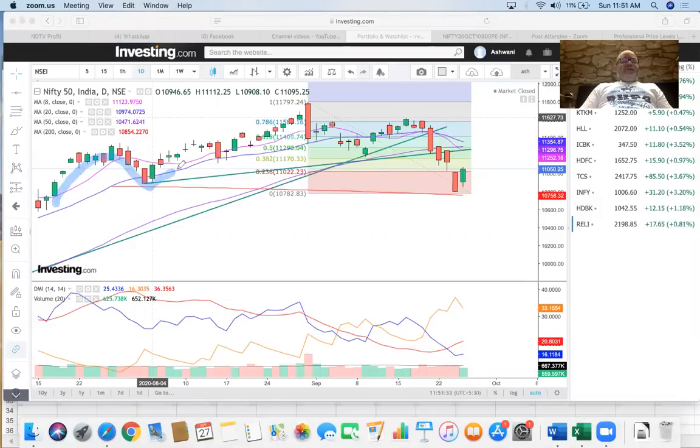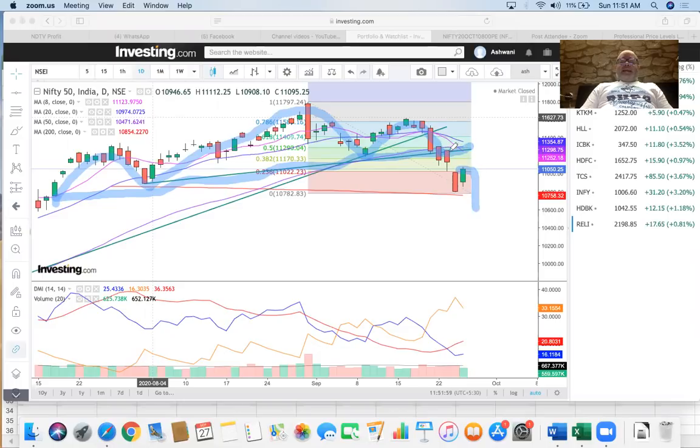this head and shoulder is now active, and this is where we have our neckline. So, chances are, we will break through this and move lower at some point.